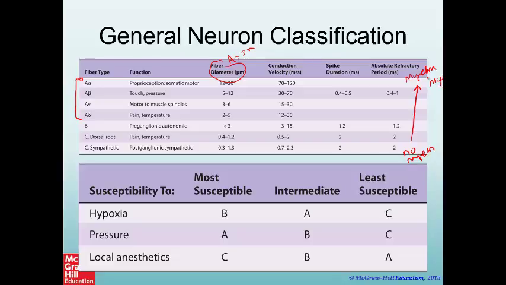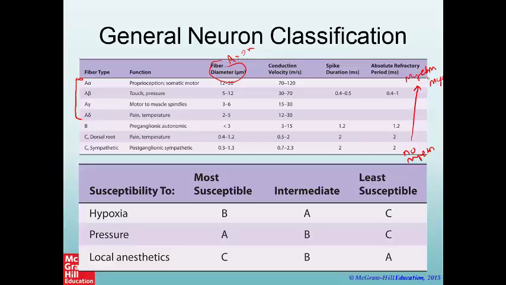So A alpha fibers are motor neurons, alpha motor neurons that control skeletal muscle fibers. They're the largest diameter fibers, so they conduct action potentials the fastest. So they have the highest conduction velocity in meters per second.